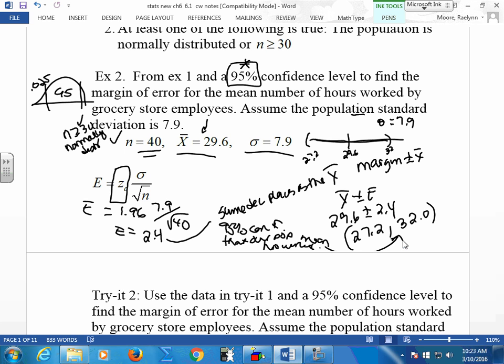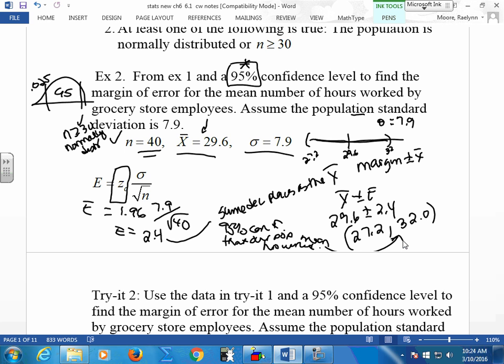Pretty slim, isn't it? So if I give myself a little wiggle room, that's my margin of error, my plus or minus, I have a better chance of my population falling between those two numbers. That's what a confidence interval does for you. It allows you to have more than one number to hit exactly. It allows you to fall in between these two situations.